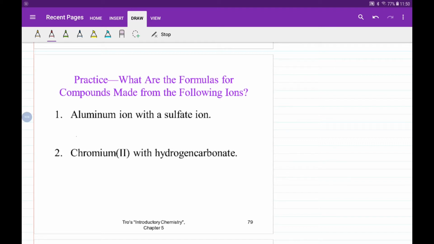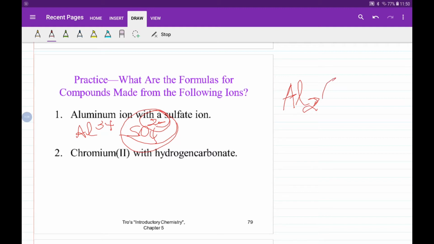Aluminum ion, so let me write that down. That'll be Al3 plus with a sulfate ion. That's SO4 2 minus. In order to make this compound, it's going to be Al. The charge on the sulfate is 2 negative, so I'm going to put 2 subscript for aluminum. And since sulfate is a polyatomic ion, I need to put it in parentheses since I'm going to have more than one.